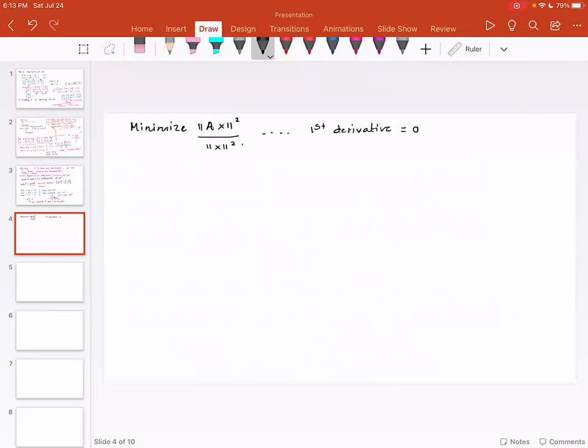So there is some relationship between the concepts in calculus and the concepts in linear algebra, specifically applied to data science, but that is the condition.